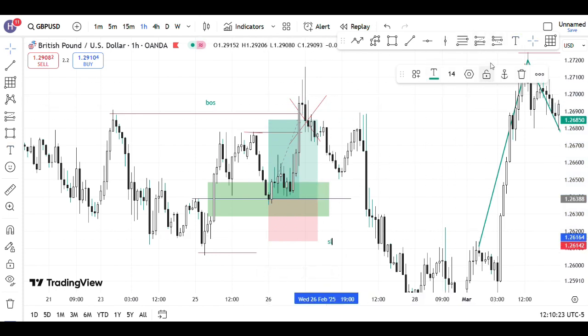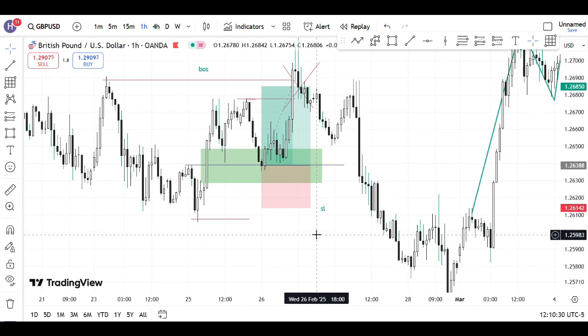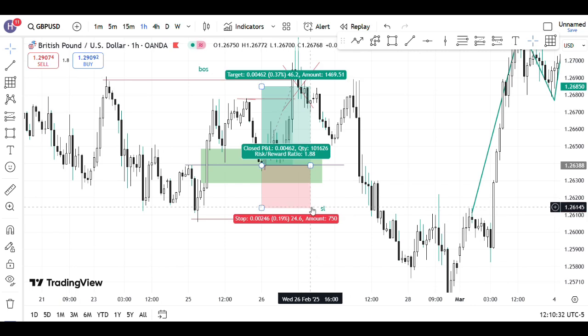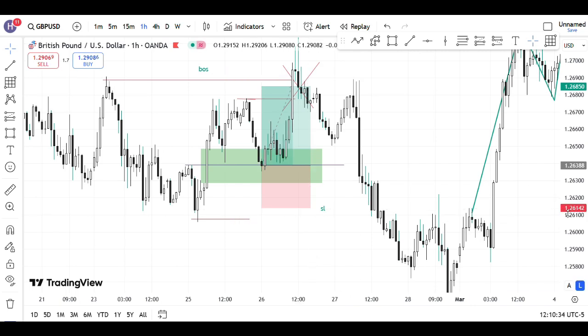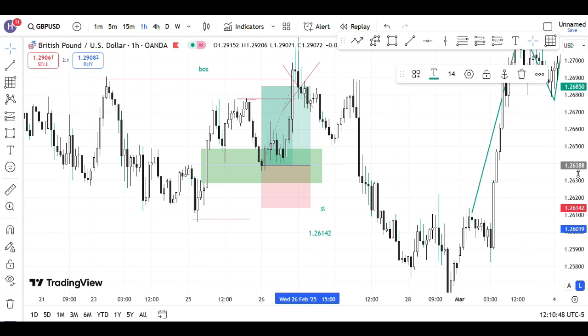Now see this stop loss. This is a very important part, related to fund management. The stop loss level is 1.26142. I will write it here.